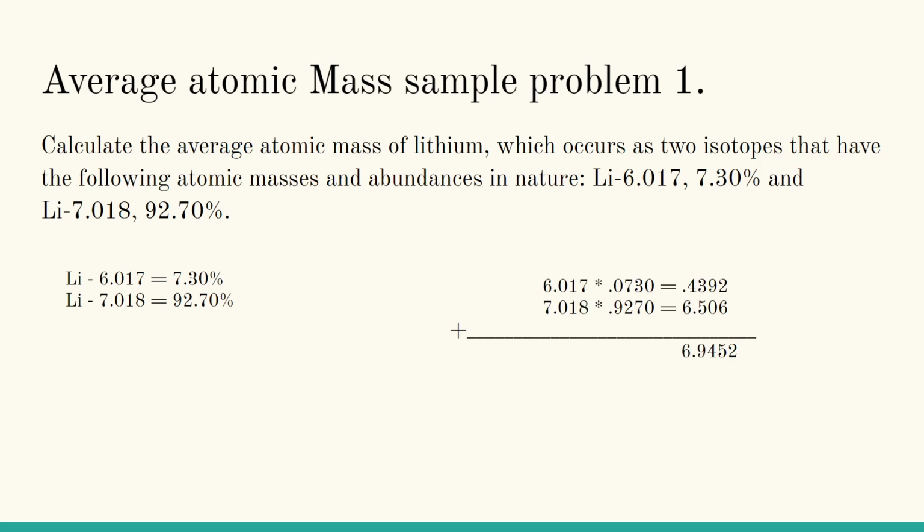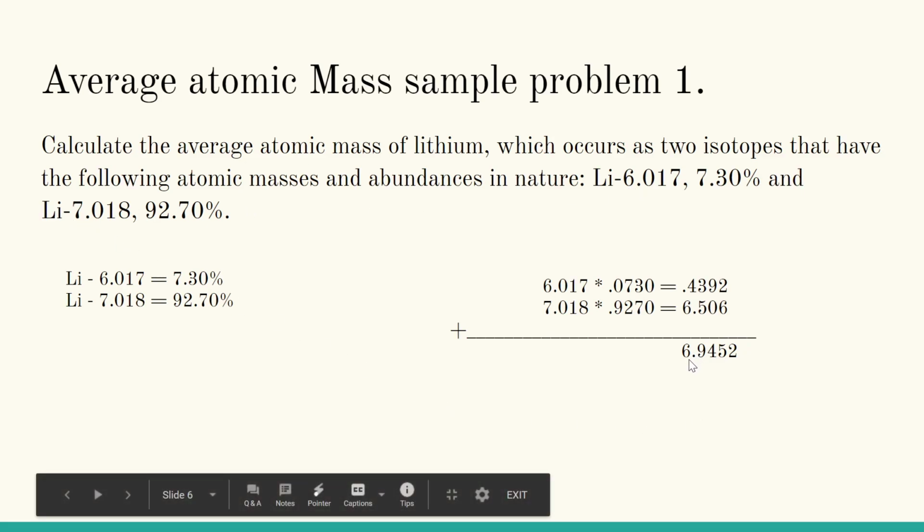And we see that we end up getting 6.9452. Now, one quick note that I want you to take special care to notice is that when you are figuring out your average, it should be between your lowest number and your highest number.